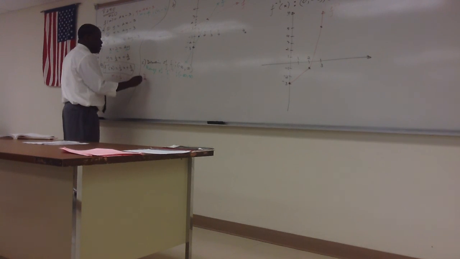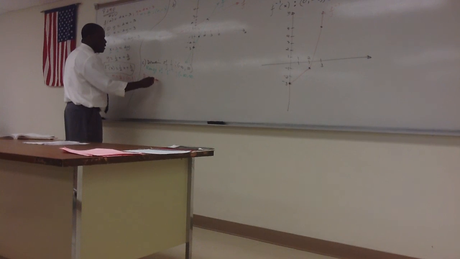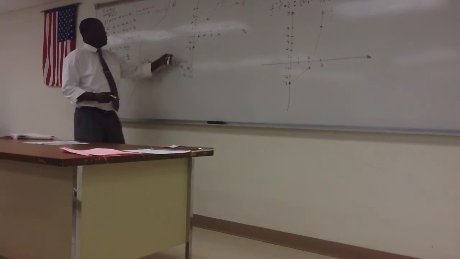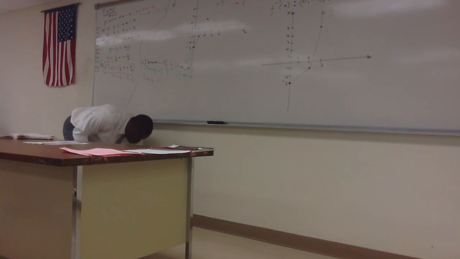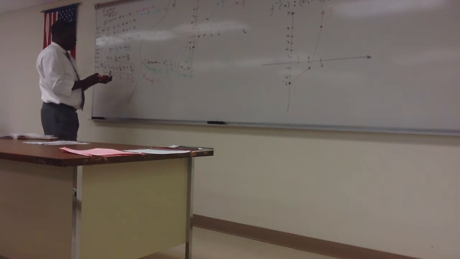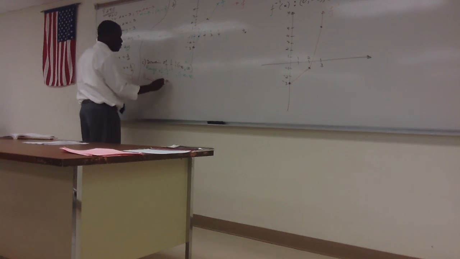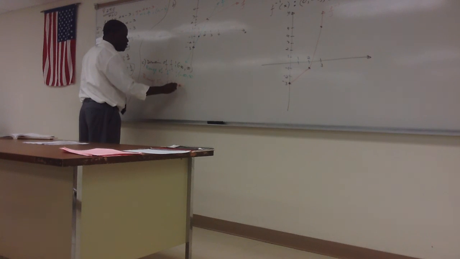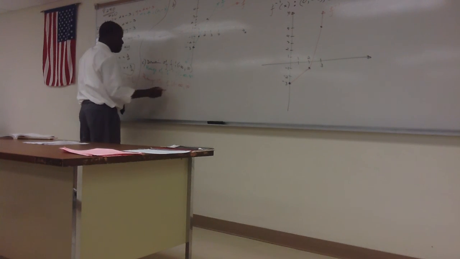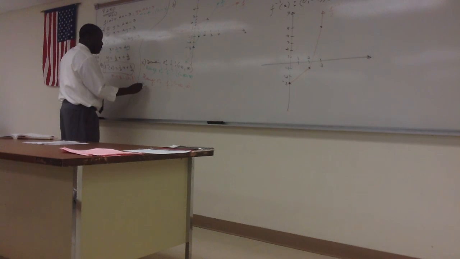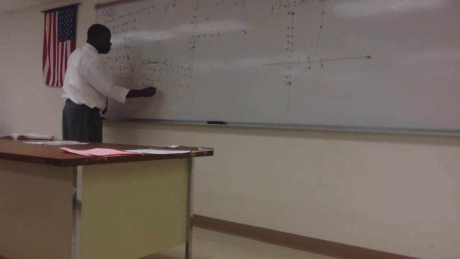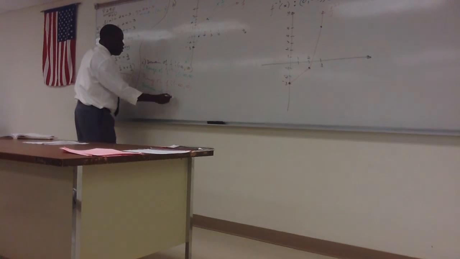The range of f, since it covers all the y values, you see the green graph covers all the y values, then we say the range is all real numbers. Which would say that the domain of the inverse is also all real numbers.